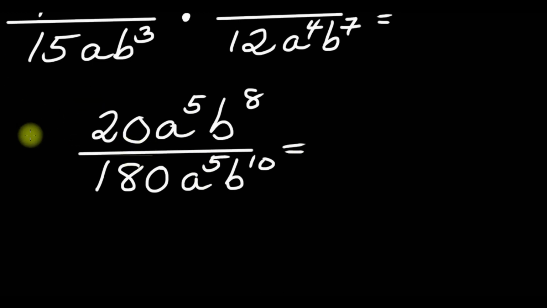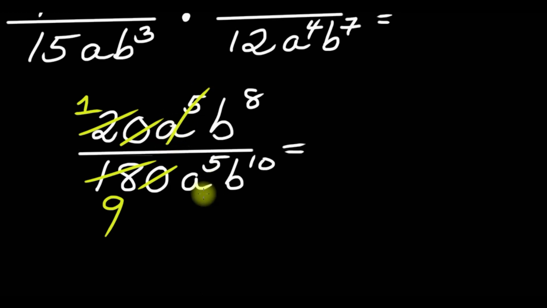So we're going to reduce the 20 over 180. Okay, looks like we can take the 0 out, and then 2 goes into 18 9 times. So this would be 1 over 9. And then a to the 5th over a to the 5th, we can eliminate those. Okay, so when you divide powers, you subtract the exponents. So 5 take away 5 is 0, and anything to the 0 is 1. So they cancel out.